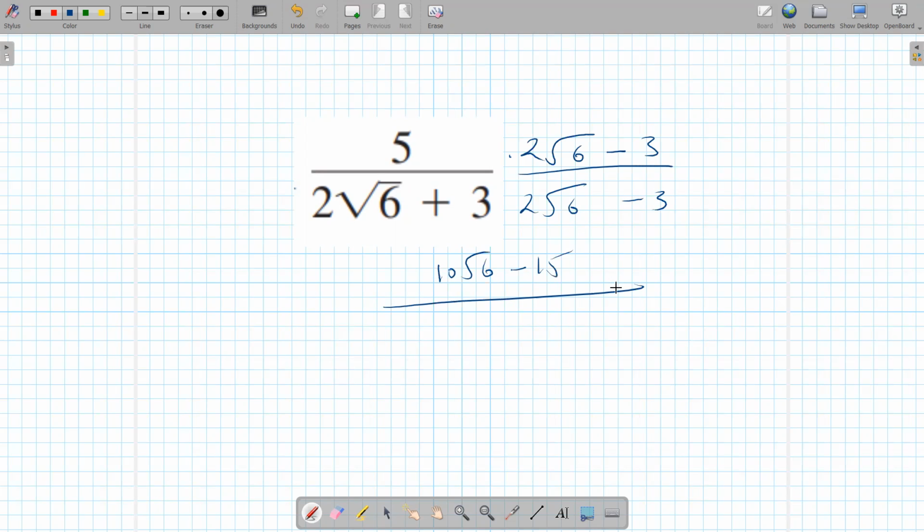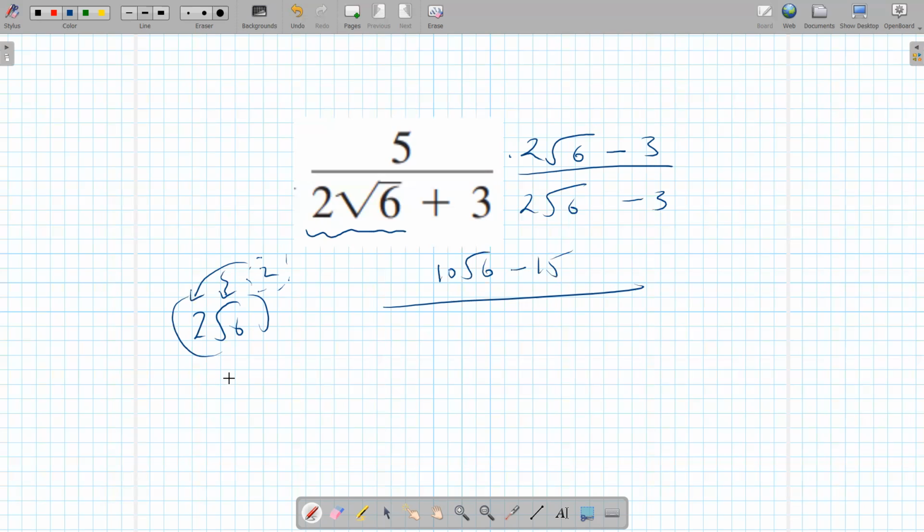It's in the form of a minus b, a plus b. So we have a, right? A is 2 root 6. So we're going to square this. This squared applies to both the 2 and the root 6.